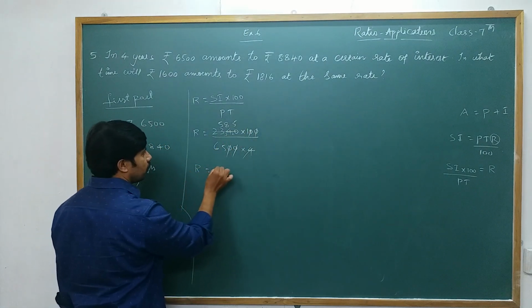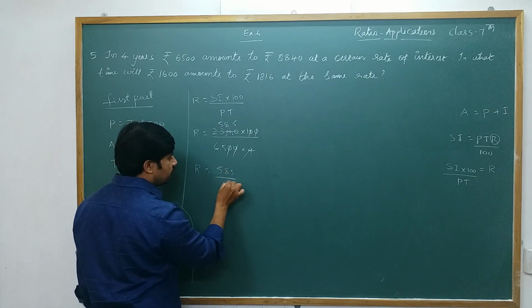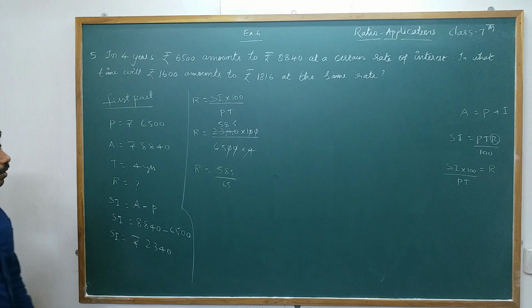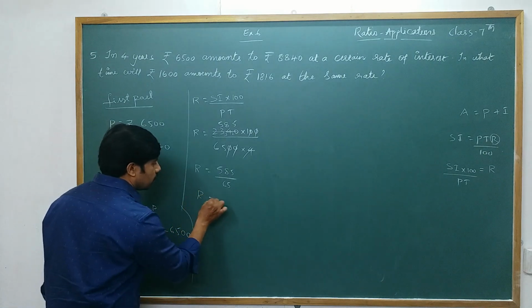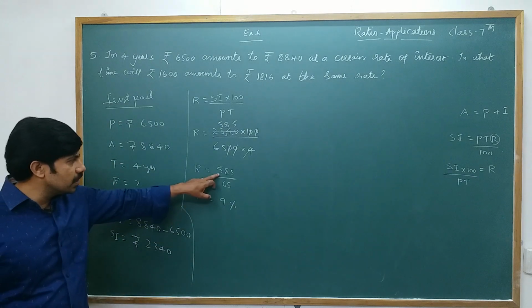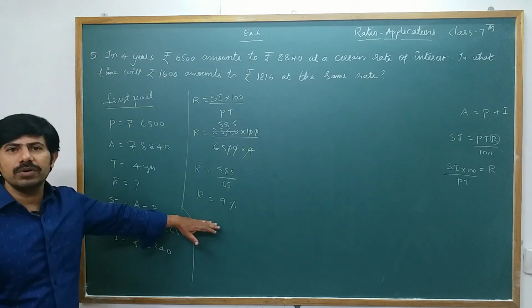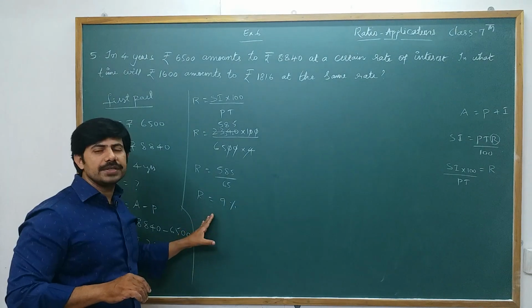Now we have 585 by 65. So the rate of interest we got is 585 by 65. We can eliminate this, and 65 goes 9 times. So we got R is equal to 9%.